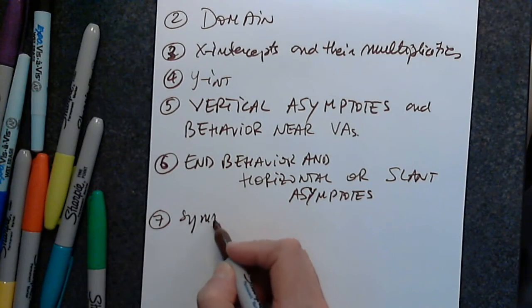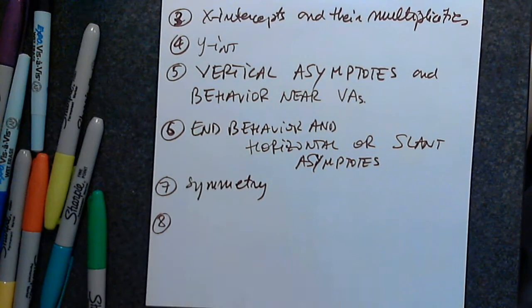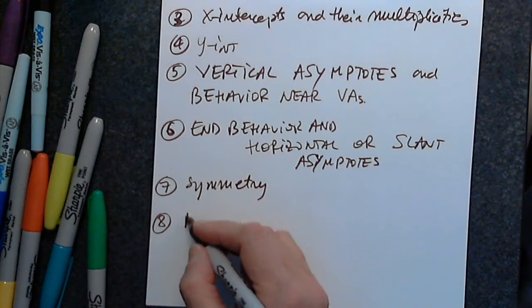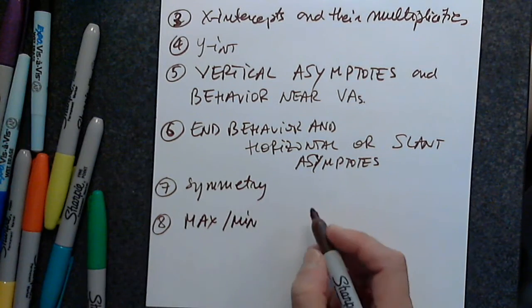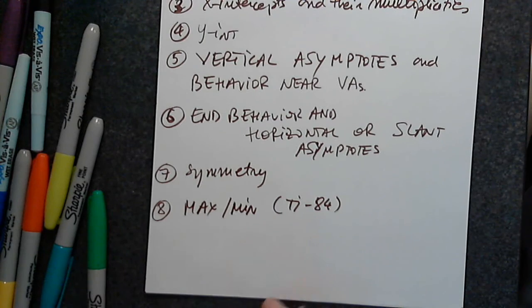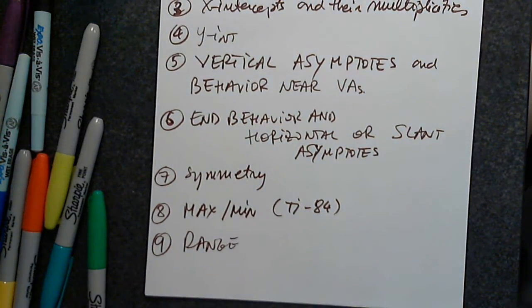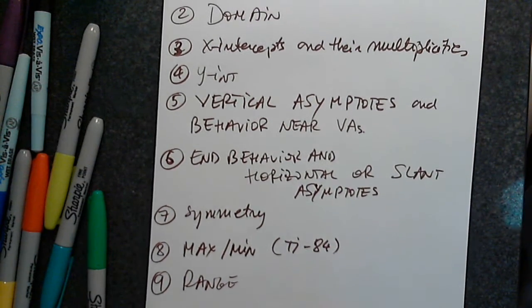Symmetry. 8. Max min. TI 84. We can do this by hand. 9. Range. For the first problem, we're going to go through and write all these, but subsequently we will use a table in which we summarize everything so it's clear when we graph it.